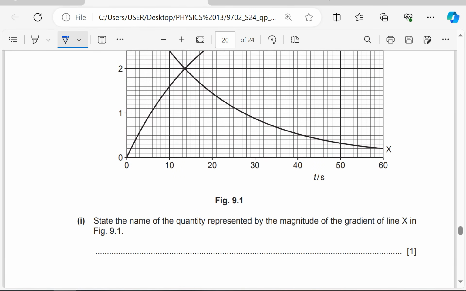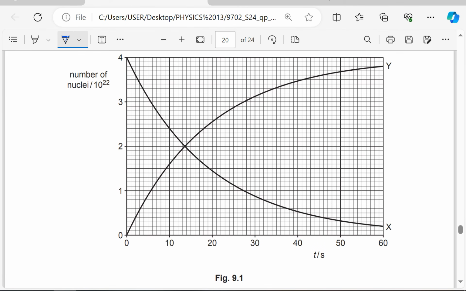Okay. State the name of the quantity represented by the magnitude of the gradient of line X. So we have a graph of number of nuclei against t. And the gradient is going to be the change in the number of nuclei divided by the change in t. This is the number of nuclei decaying per unit time, the same as activity.